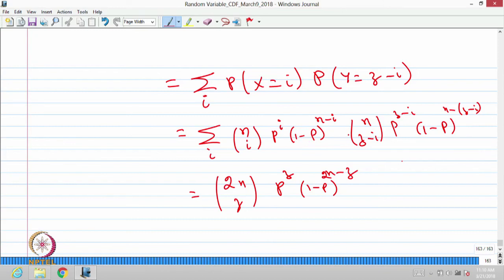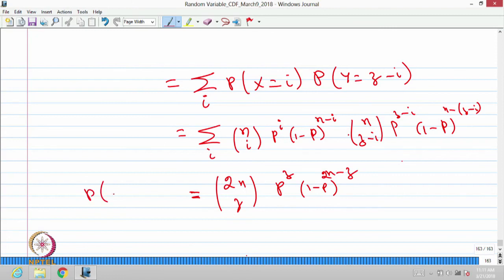Similarly, 1 minus p power n minus z minus i, if you simplify, you will get 1 minus p power 2n minus z. The only thing is the summation over i, nCi multiplied with nC z minus i, that is the same as 2nCz. That is the result which we are using: summation of nCi multiplied with nC z minus i is the same as 2nCz.